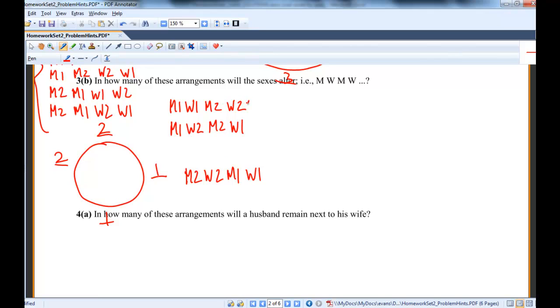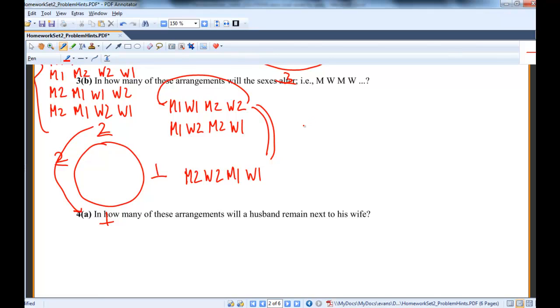If I rotate it around the table and put the other man at the top, I get the same thing. So by rotating two seats, this is the same as that. So I have to divide by two, because turning the table by two gives me another one that already exists.